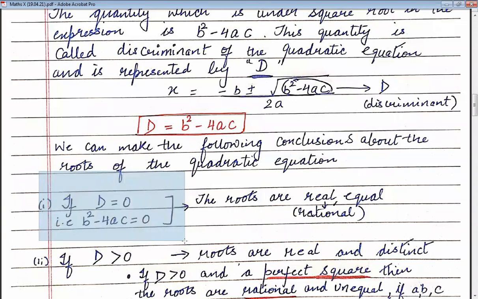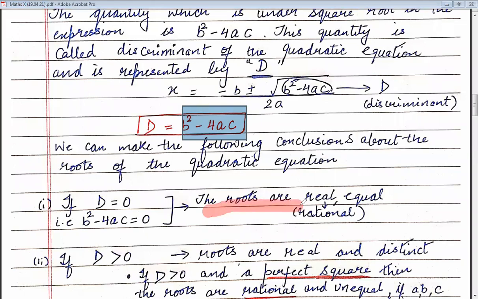Now look carefully and listen. Now if the discriminant is equal to 0, that is your value b square minus 4ac comes out to be 0, then the roots are real and equal. What is that? Your roots are real and equal.